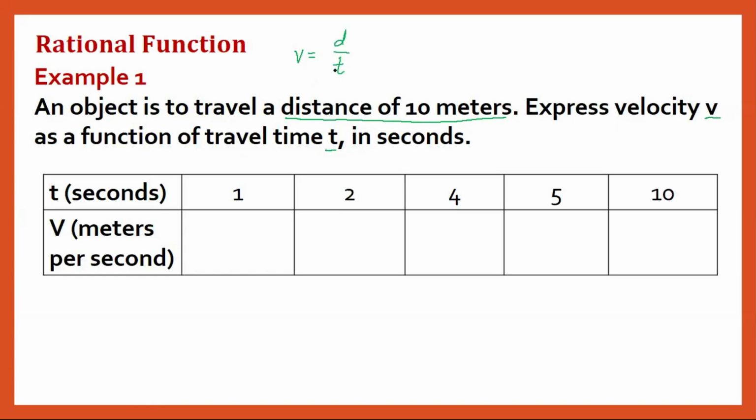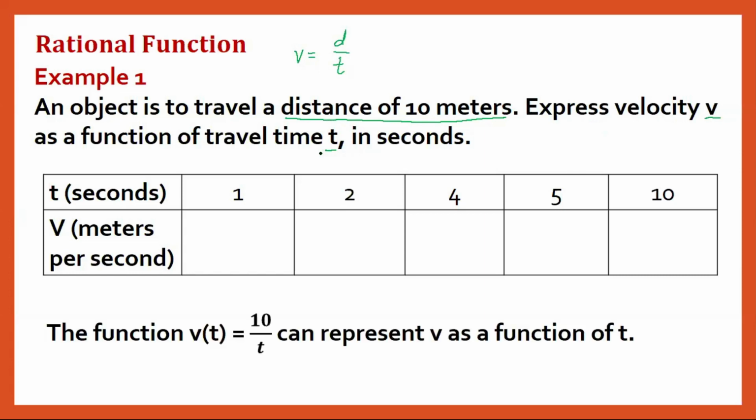But this problem is asking you to express velocity as a function of travel time. How are we going to write the function? It's v of t is equal to 10 over t. Velocity as a function of travel time.